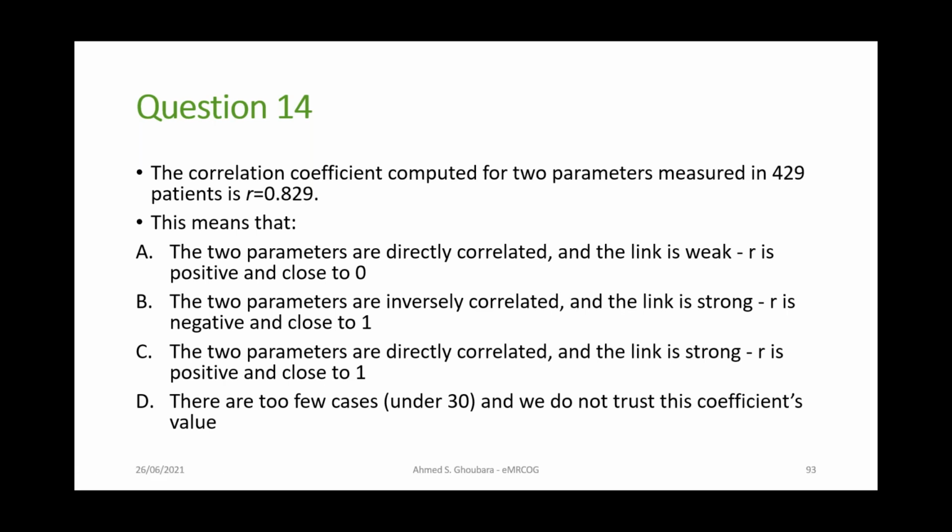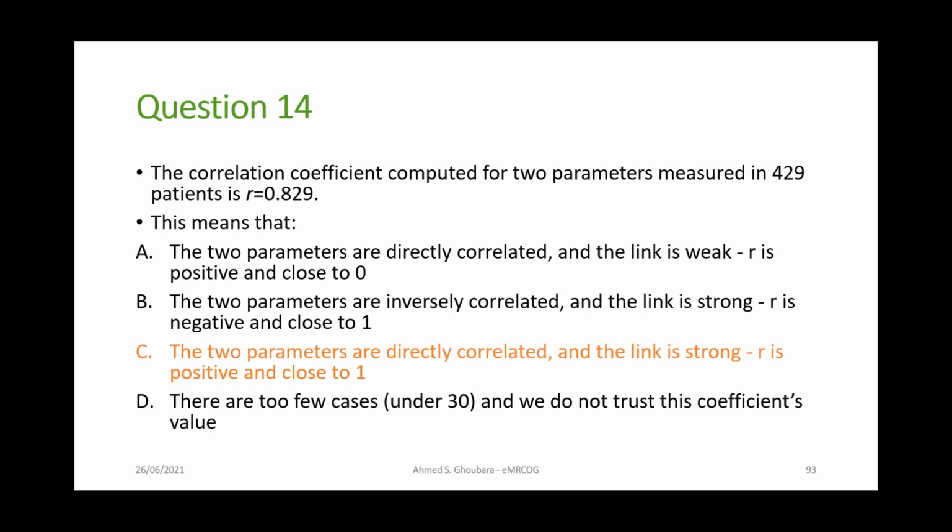Okay, question 14, correlation. The correlation coefficient computed for 2 parameters measured in 429 patients is R equals 0.829. So what is this? The R, the correlation coefficient, lies between this and that.